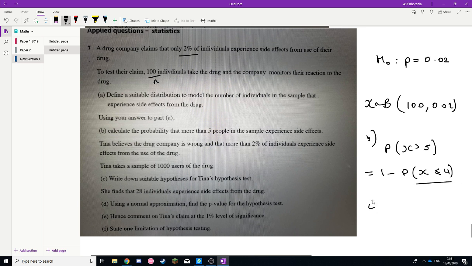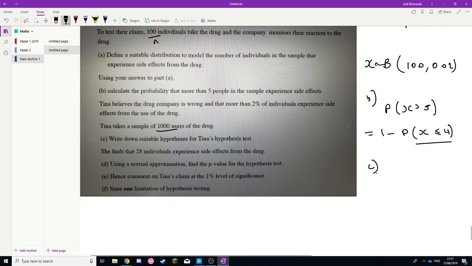Tina takes a sample of 1,000 users of the drug. Now we have X be 1,000, 0.02. H0: p is equal to 0.02.